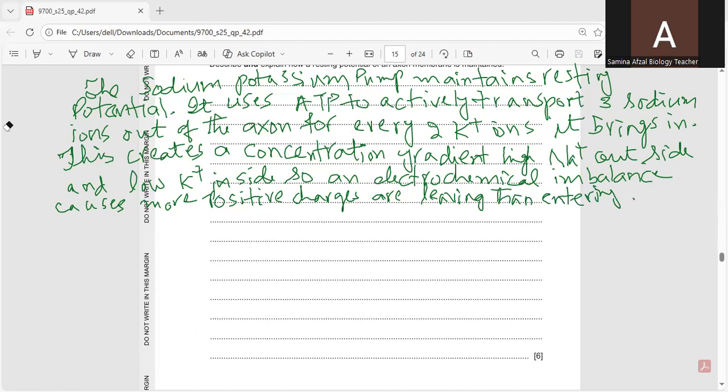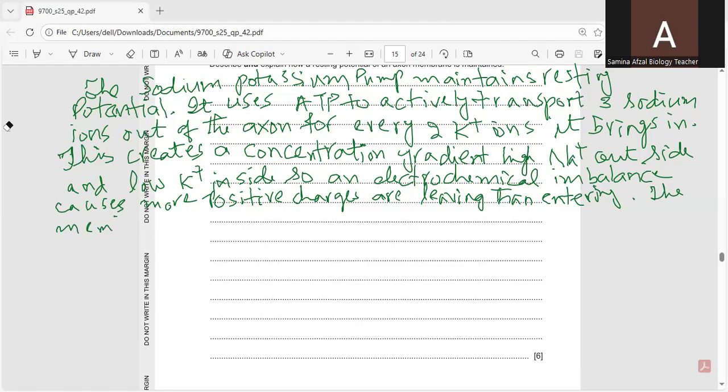The membrane is much more permeable to potassium ions than to sodium ions because there are more open potassium leak channels. The second part is the permeability of the membrane.